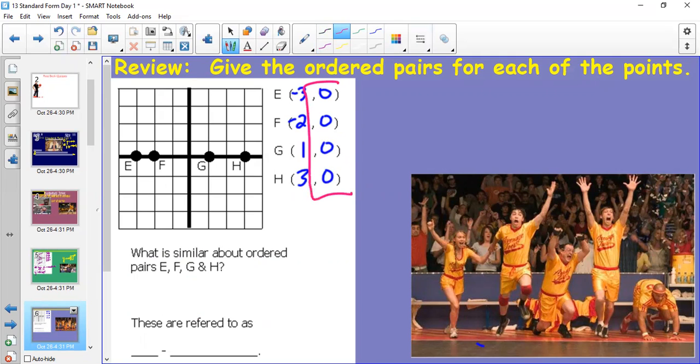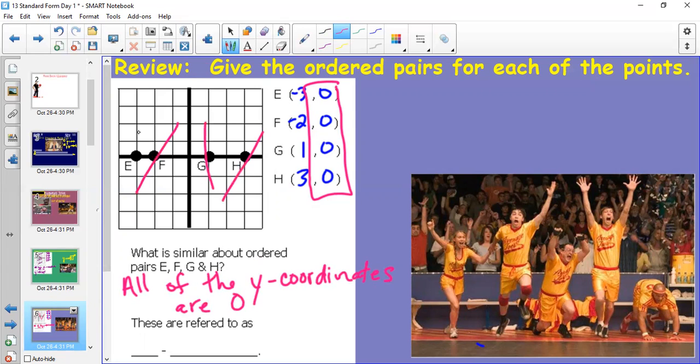They all have zeros as well, but they all have zeros for their y coordinates. And again, if a line went through any of these points, we would call that where it crosses the x-axis. So this would be the x-intercept.